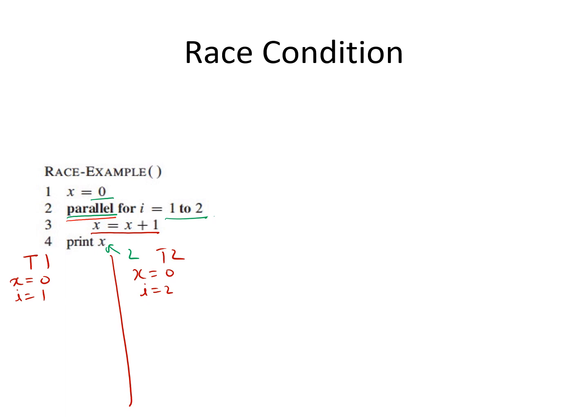This simple instruction x is equal to x plus 1 is a high level language instruction which internally in the CPU might actually execute as a set of assembly instructions. So whenever a thread or a processor is trying to increment a value, it might do it in, let's say, 3 steps.